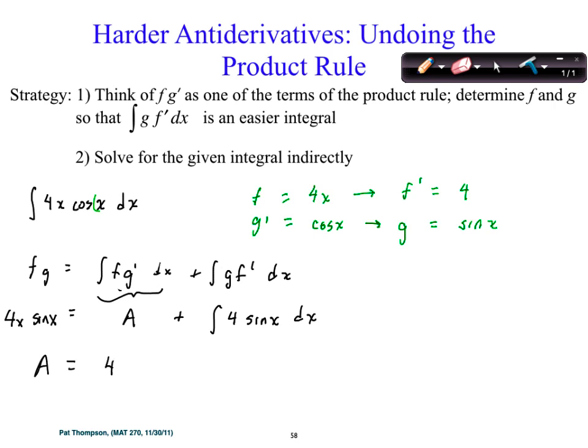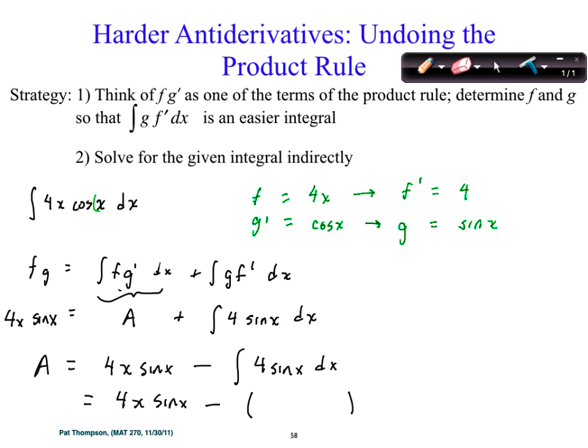4x sine x minus the integral of 4 sine x dx. Okay, and so then what is the antiderivative of 4 sine x?